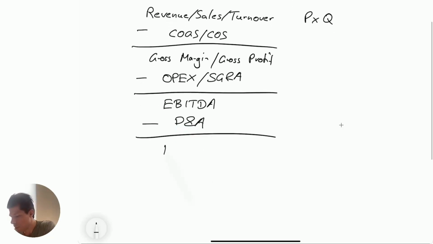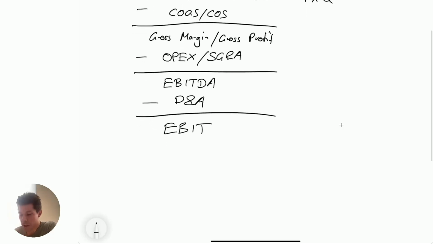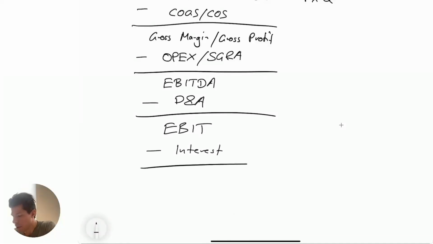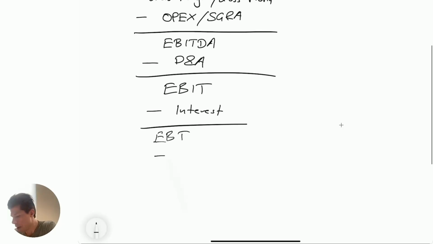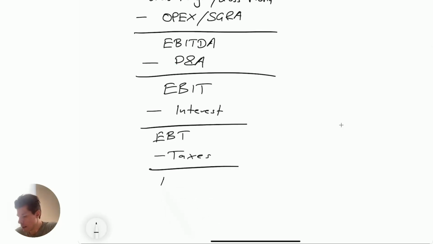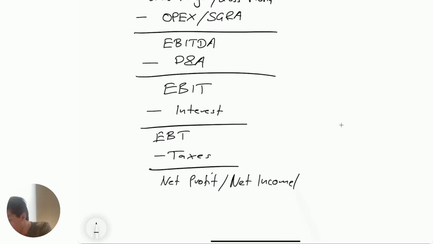Then what you end up with is earnings before interest and taxes. Now, very important, but I will come to this, interest. Then we talk about EBT minus taxes, net profit or net income or earnings.